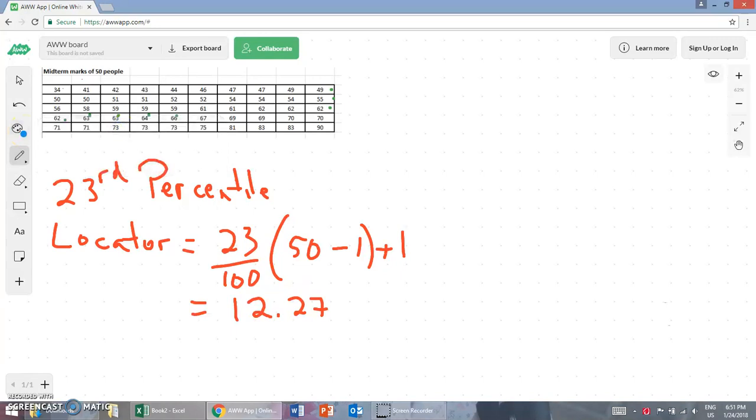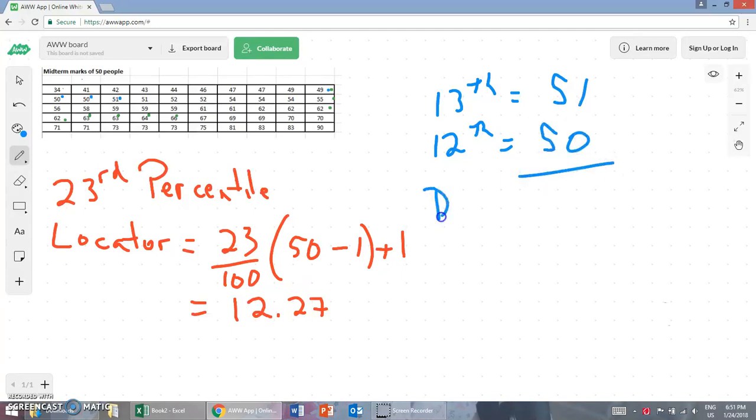Let's take a look at what the 13th position equals and what the 12th position equals. There's 10, 11, 12, 13. The 13th position equals 51. The 12th position equals 50.